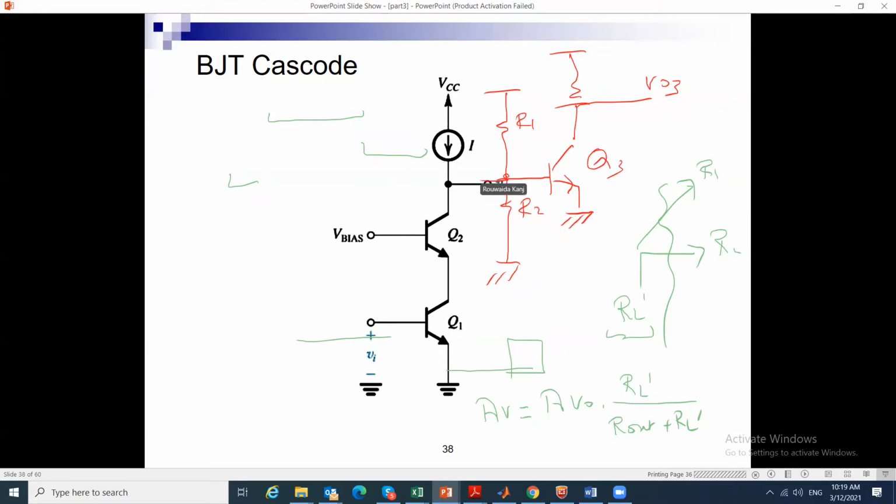What is RL prime in this scenario? This VDD will become ground in small signal analysis. This became grounded, this became grounded. I'm trying to find RL prime seen by this cascode in black. What is it? R1 parallel to R2 parallel to R pi. Exactly. So it is R1 parallel to R2 parallel to R pi 3, right?